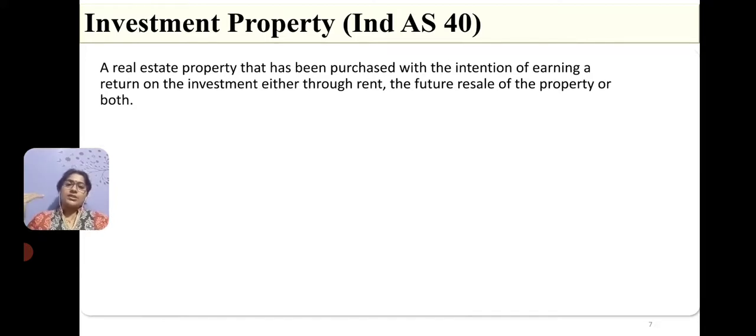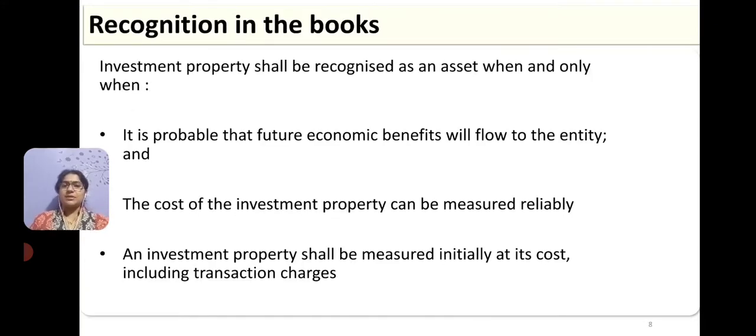Or if you are constructing the building just to resell it and make profit out of it, then also it is considered investment property. How to treat this investment property is discussed in Ind AS 40.